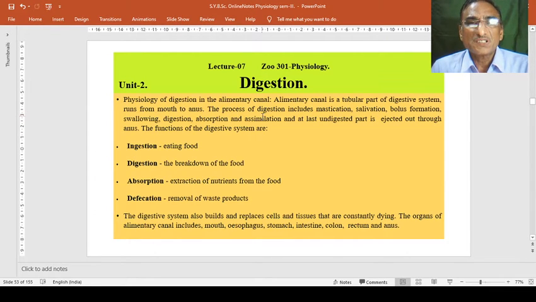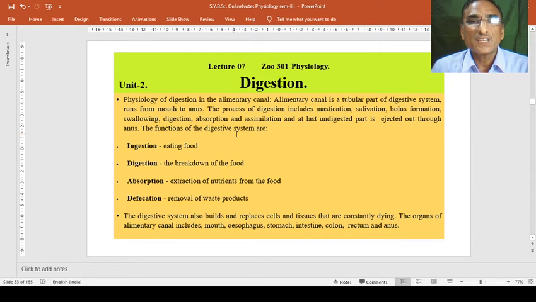The process of digestion includes mastication, then salivation, bolus formation, swallowing, and digestion. Then absorption and assimilation take place in the lower intestine. And at last, the undigested material is thrown out of the body through the anus.